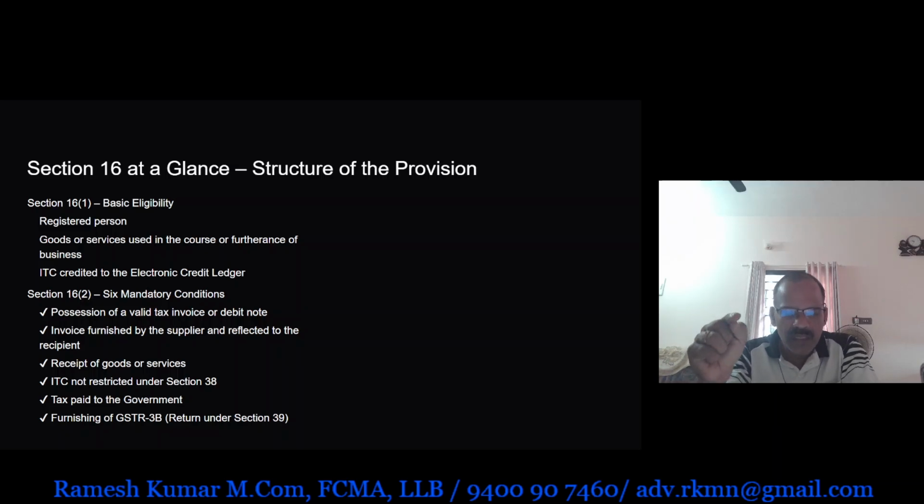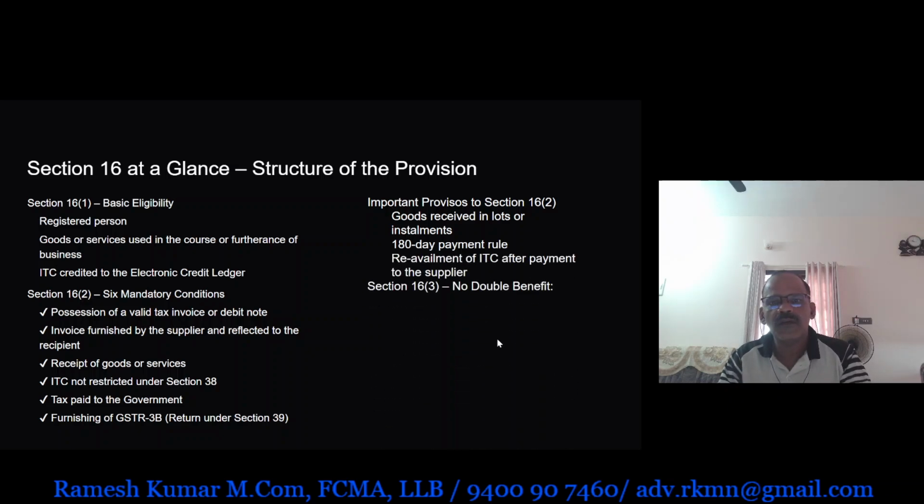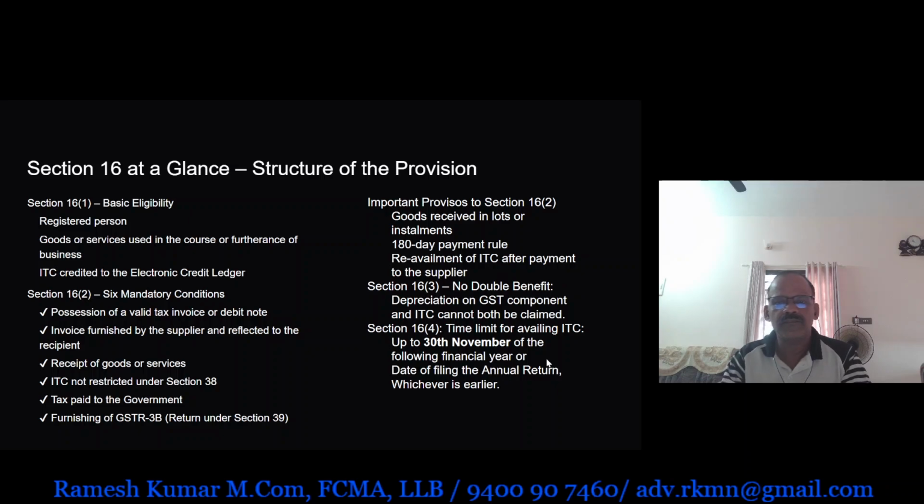So if you remember this structure, section 16 becomes very, very easy to understand. These are the four important provisions. Have a look at it.